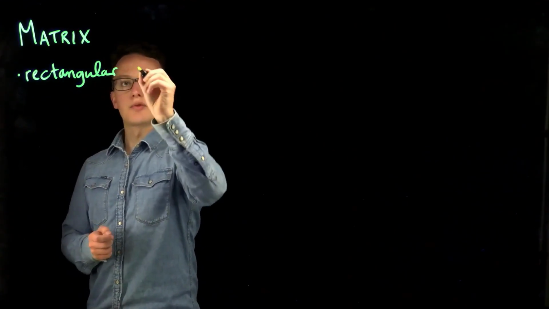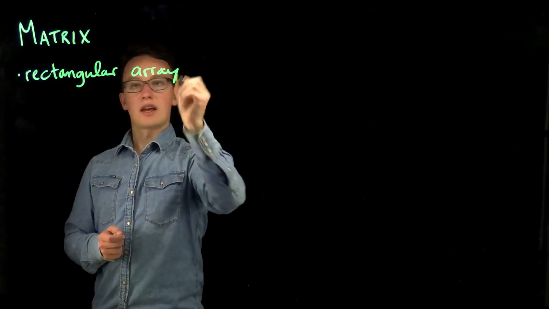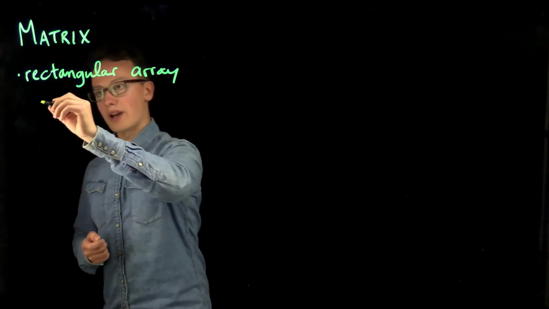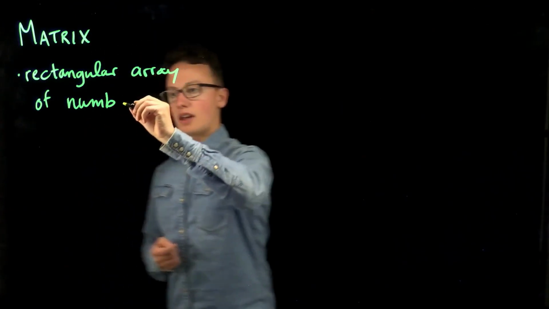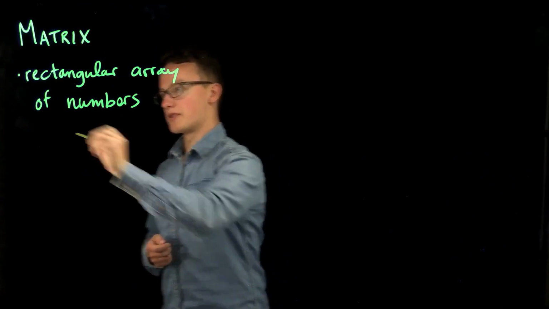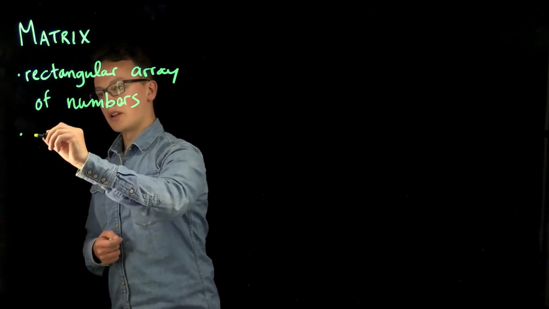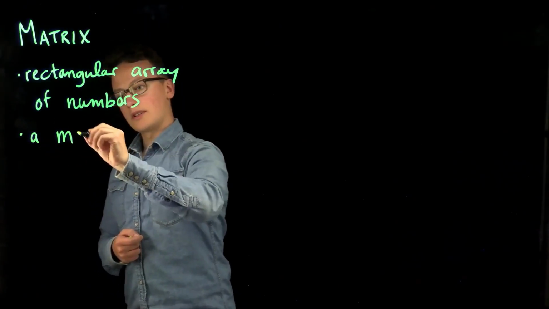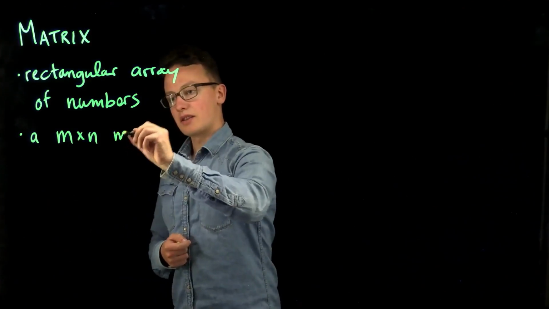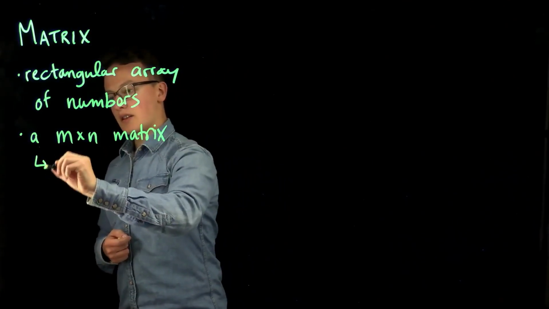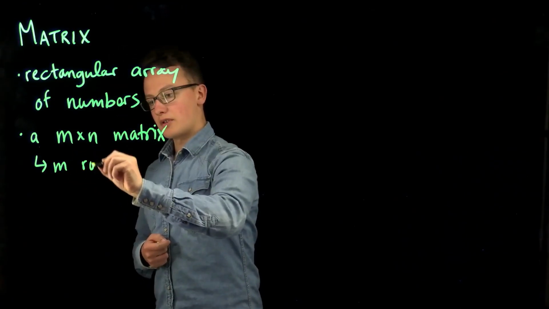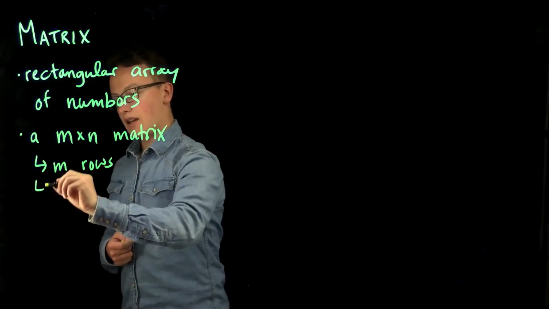For example, real numbers. And of course, such an array has a certain number of rows and also a certain number of columns. And so we could call an m times n matrix such an array which has m rows and n columns.